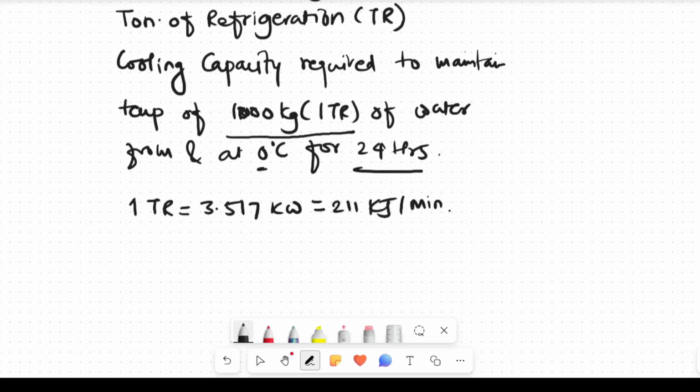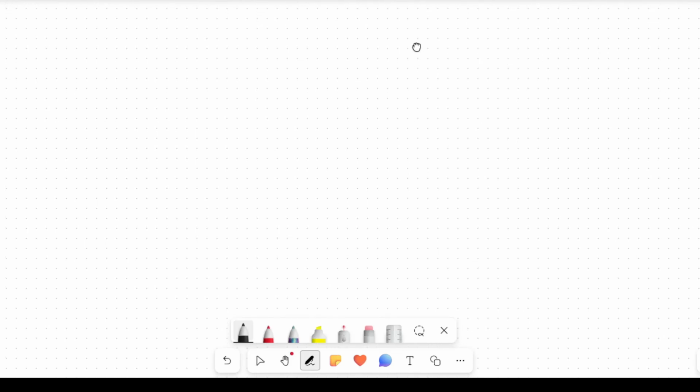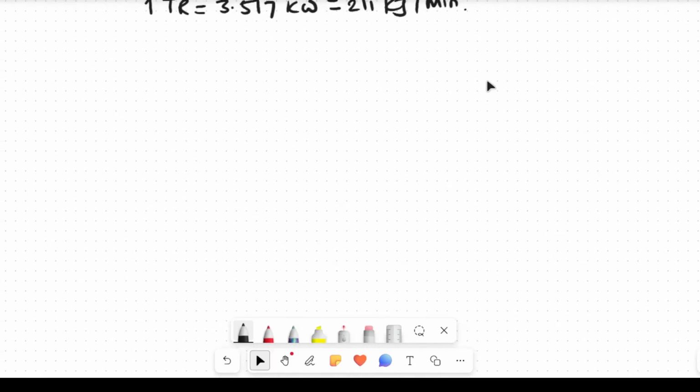Okay. Now, friends, our next term that we need to understand is similar to the efficiency. When we talk about the refrigeration system, we don't have the term called efficiency, so we have the coefficient of performance.